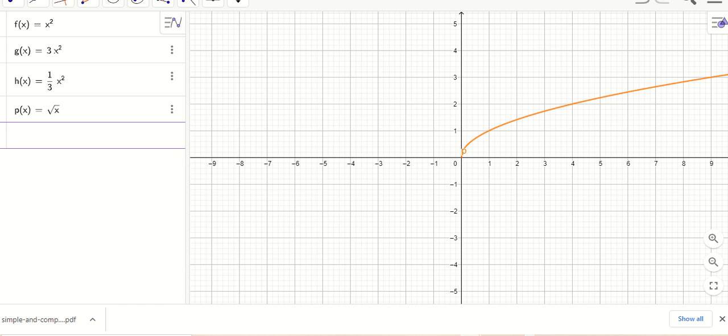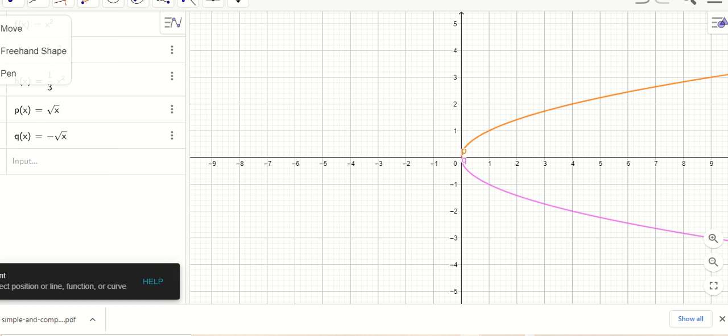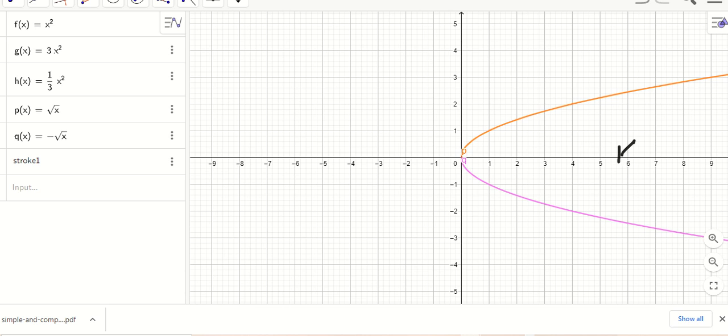Now let's say we had the square root of x, but I said I wanted the negative on the outside. You see how now it makes the graph reflected across the x-axis? Because remember, that is your x-axis, right? Y'all agree? Y'all remember?